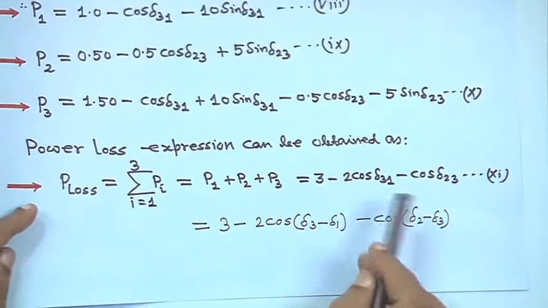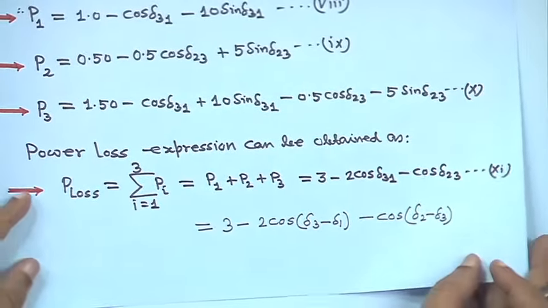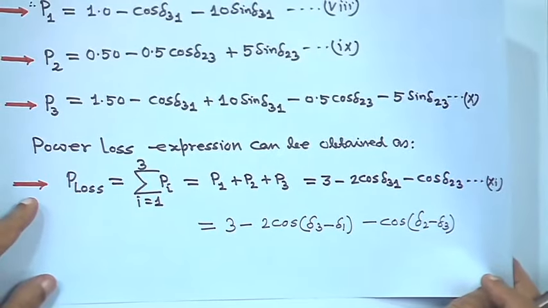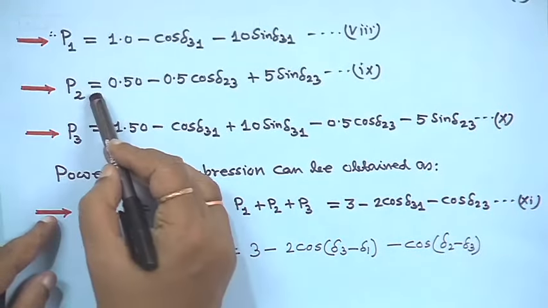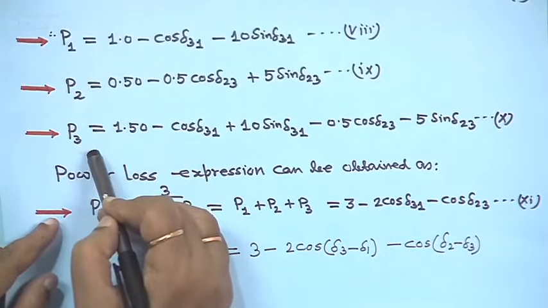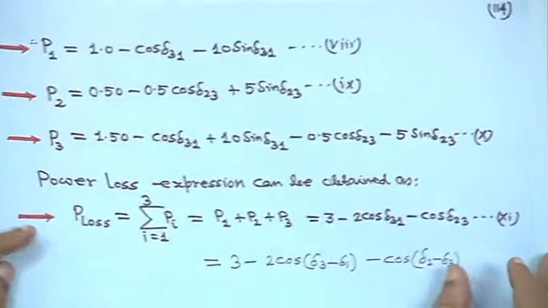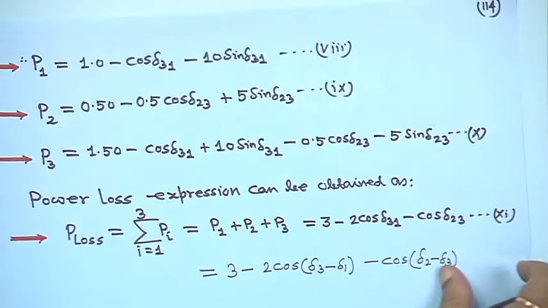Next, you take the derivative of delta P2 and delta P3, take all the derivatives.